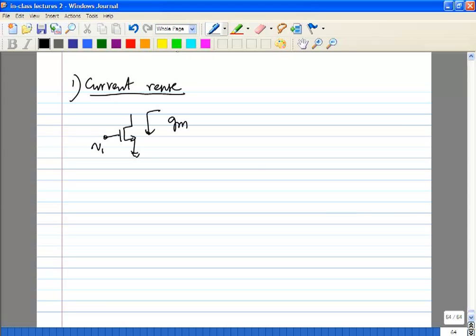This is gm times Vn. You can try to use something like this, more like an inverter kind of. So effectively you are reusing the current to get double the gain.